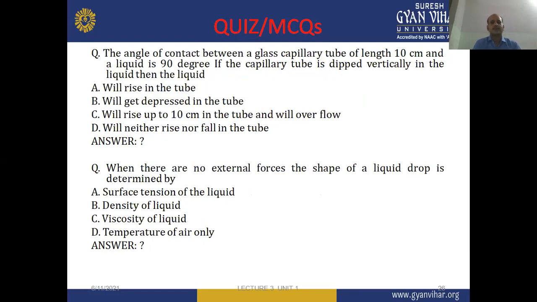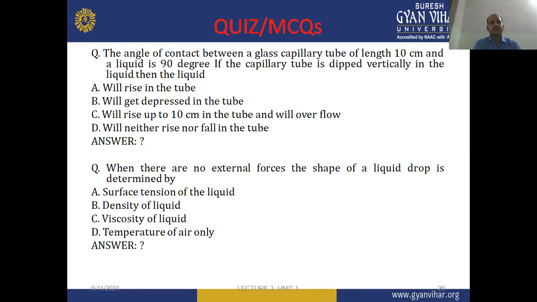Now the next question: the angle of contact between a glass capillary tube of length 10 centimeter and the liquid is 90°. If the capillary tube is dipped vertically in the liquid, then the liquid will: A, rise in the tube; B, get depressed in the tube; C, rise up to 10 centimeter in the tube and overflow; and D, neither rise nor fall in the tube.